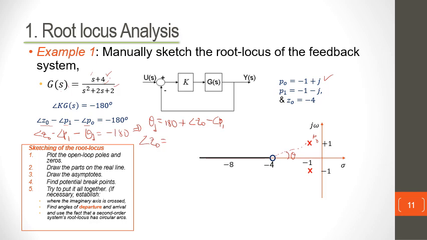You can see that this forms a triangle here, a triangle like this, where the height of the triangle is 1, and then the length of the triangle is from -4 to -1, which is 3. So this is basically a tangent inverse of 1 over 3, which is equal to 18.44. Right? Now, what that means then is that we have now this one.